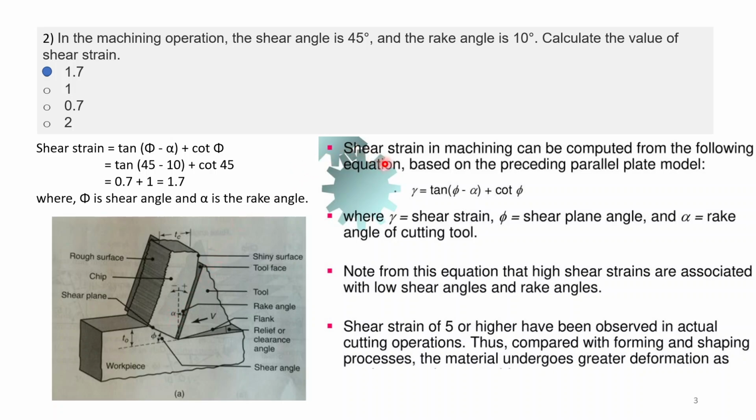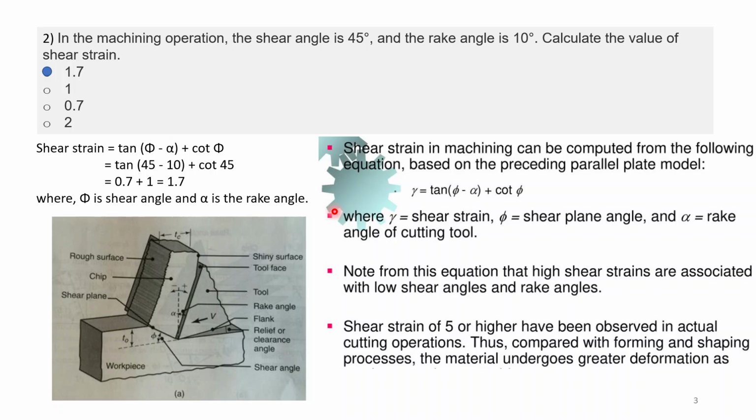Shear strain in machining can be computed from the following equation based on the preceding parallel plate model. So gamma, which is your shear strain, will be equal to tan(phi minus alpha) plus cot phi. Here gamma is the shear strain, phi is the shear plane angle, and alpha is the rake angle of the cutting tool.